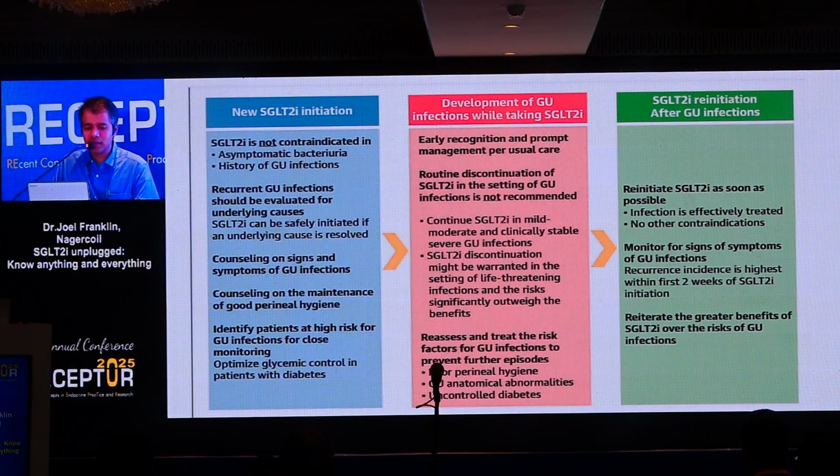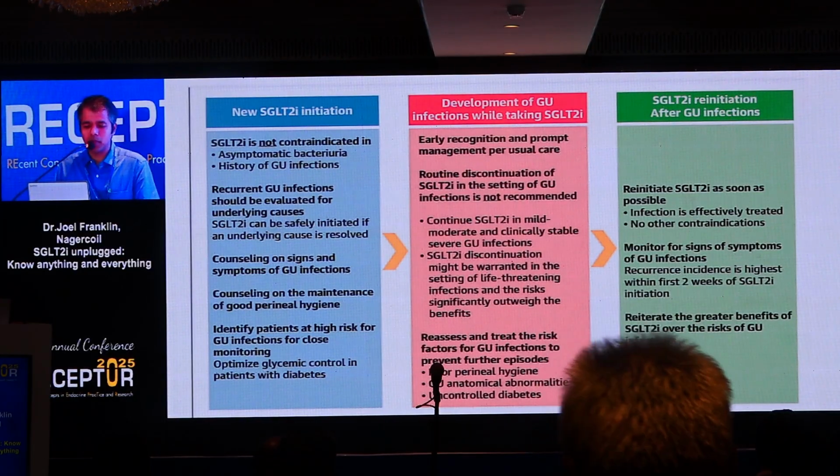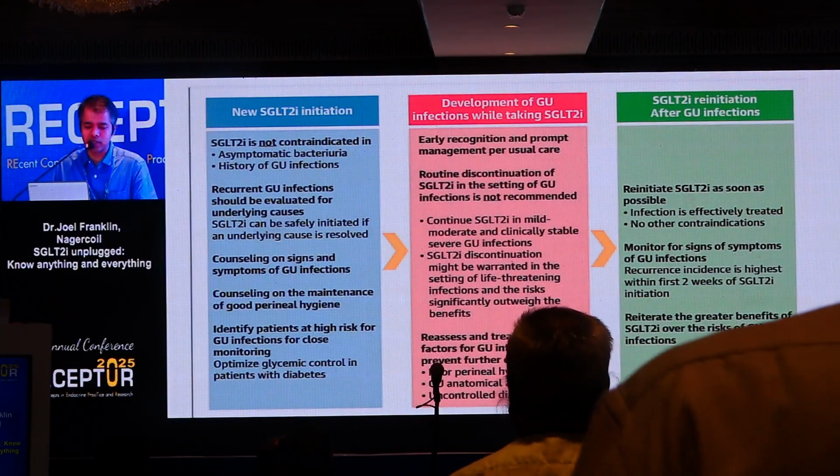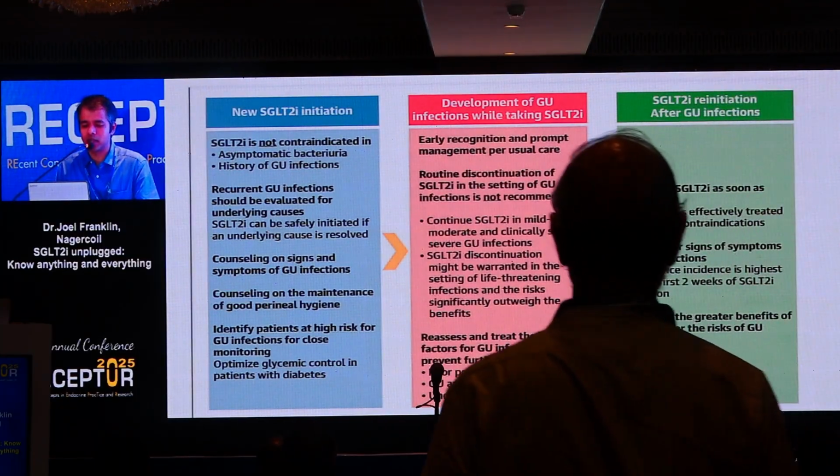So they cleverly haven't mentioned when to restart, as they have mentioned it can be safely initiated if the underlying cause is resolved. If the patient develops genitourinary infections while taking an SGLT2 inhibitor, routine discontinuation is not recommended. You can continue in mild to moderate cases and clinically stable severe genitourinary infections. SGLT2 discontinuation might be warranted in the setting of life-threatening infections, where risk significantly outweighs the benefit.